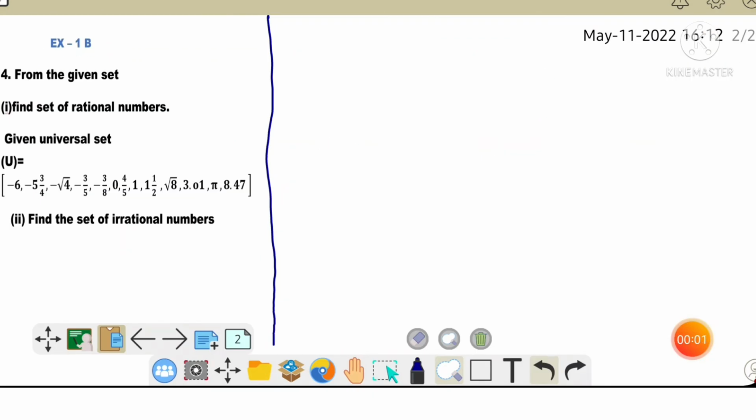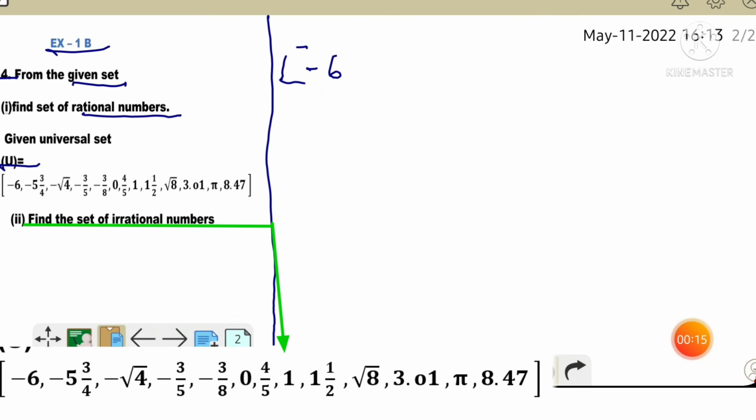So the next question is question number 4. In this question, there is a given universal set. From this universal set of numbers, we have to find rational numbers, irrational numbers, negative and positive integers.